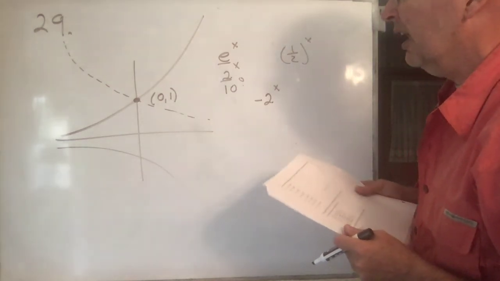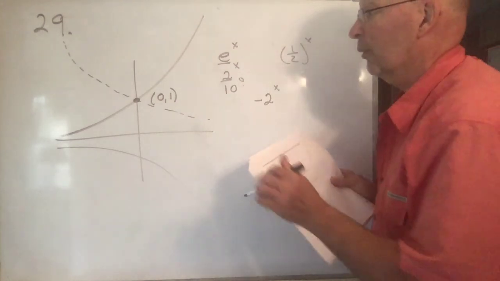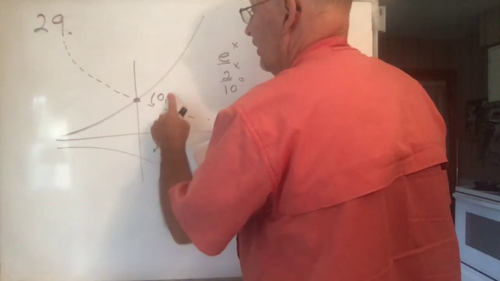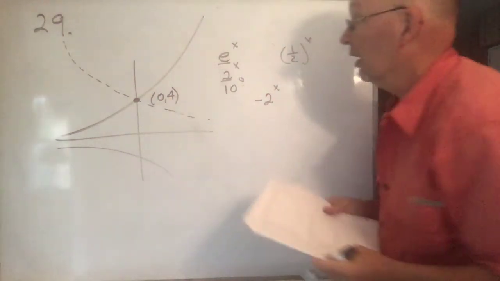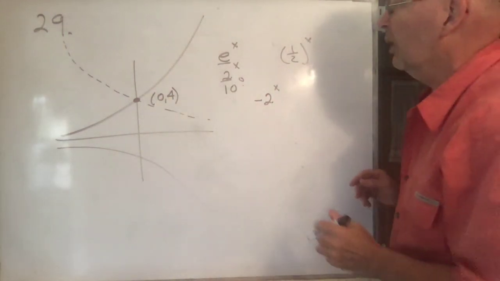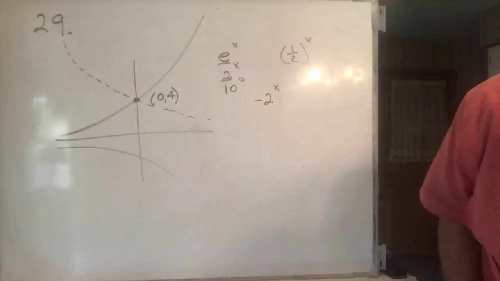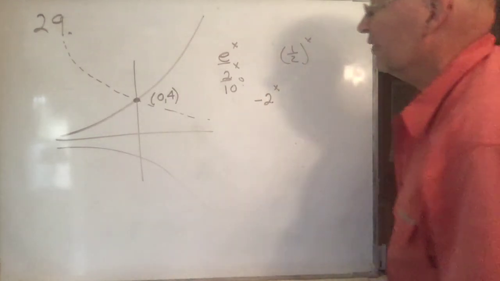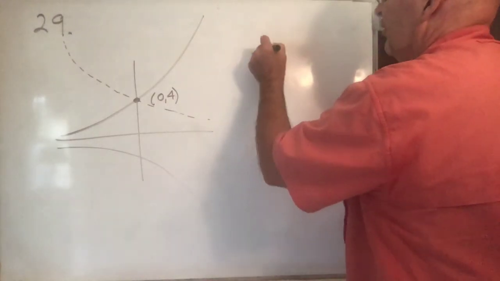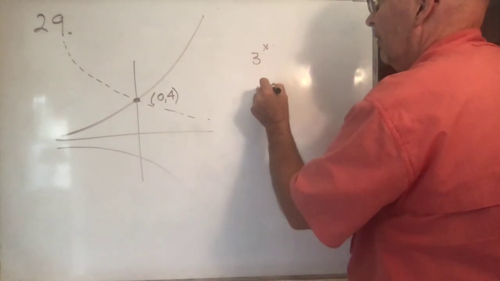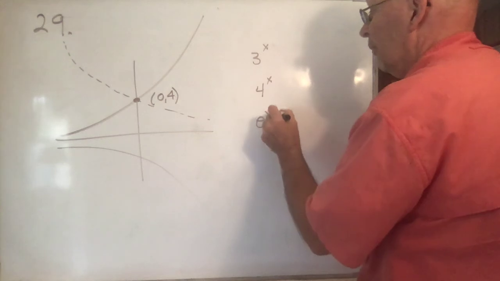And then I say, aha, look at the one we have. The intercept is not at 1, but at 4. Which means I want to take one of these graphs, which are all possible. This one would be possible. This one would be possible. This one would be possible.